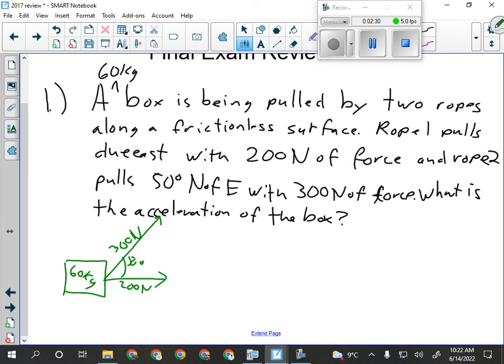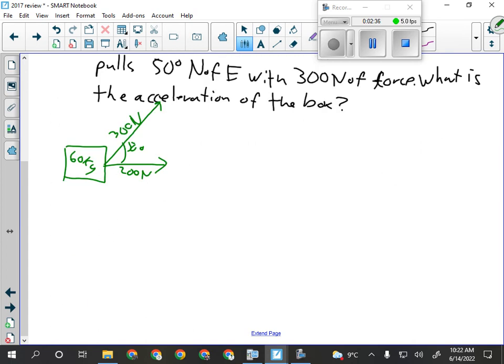Is that diagram going to help me get my net force? No, I'm still going to have to draw a vector diagram in order to get my net force. So I'm going to start out with the 200 newtons due east, and then I'll put the other force, 300 newtons, tail to head on that. I think that's roughly the scale.